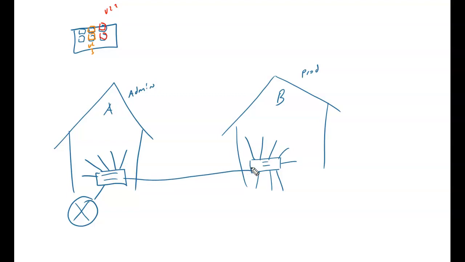All right, no problem so far until I start making VLANs. So let's take this. I'm going to make everything over here, all these ports, VLAN 2. And over here, we'll say that these ports are VLAN 3.